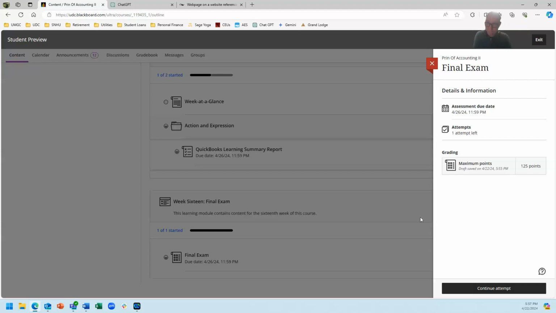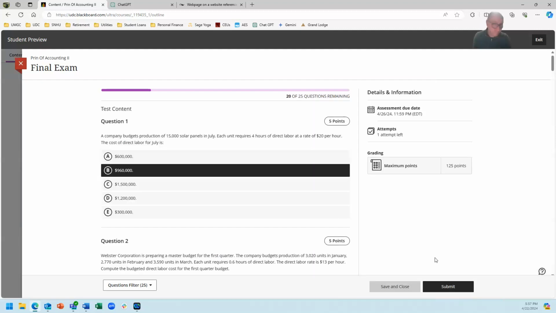Keep life easy. You can save and close. And when you're ready to come back, you click continue attempt, and it saves the 5 questions. Once you click submit, it submits it. Okay. So those are the features of the exam.